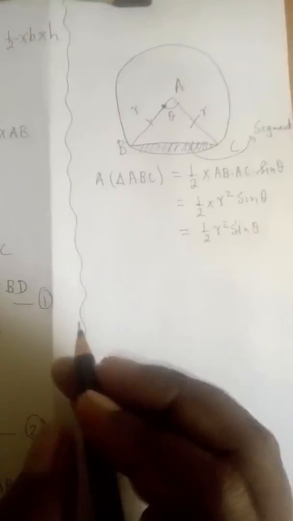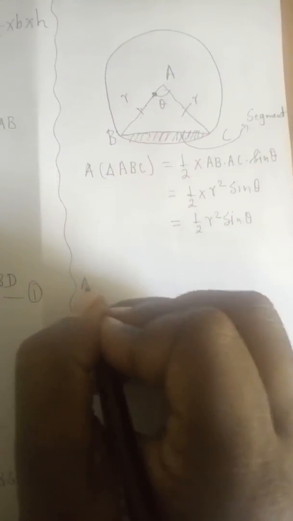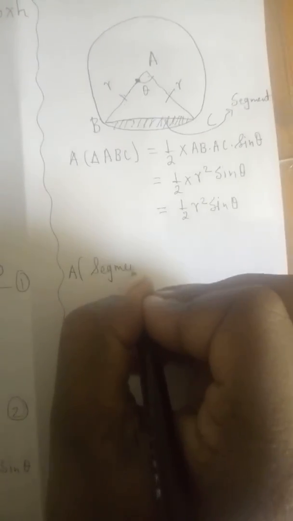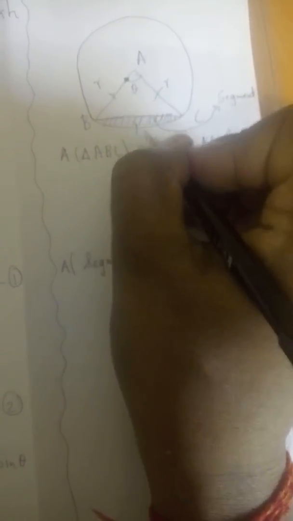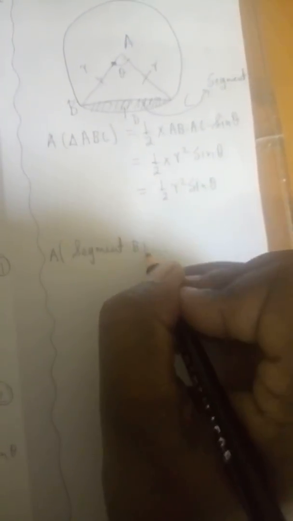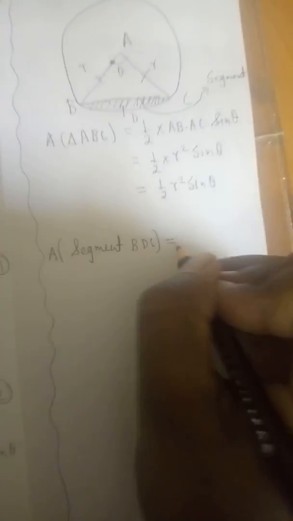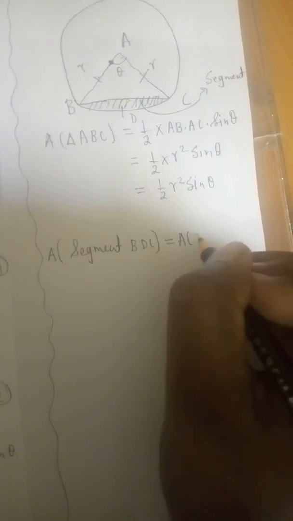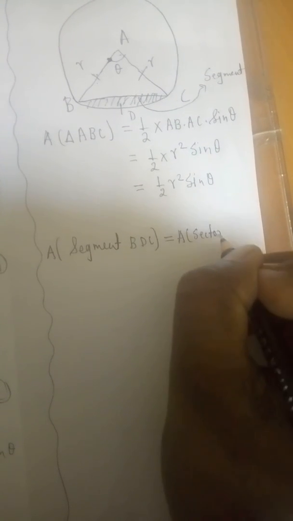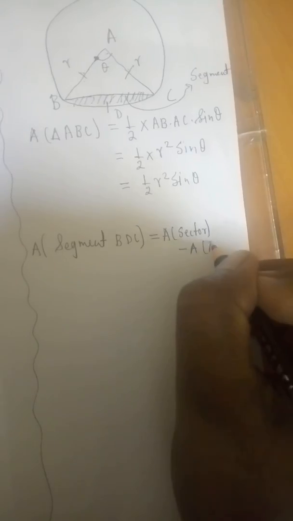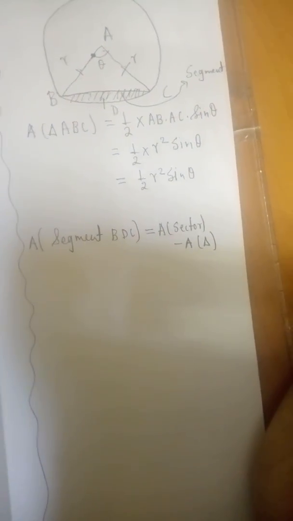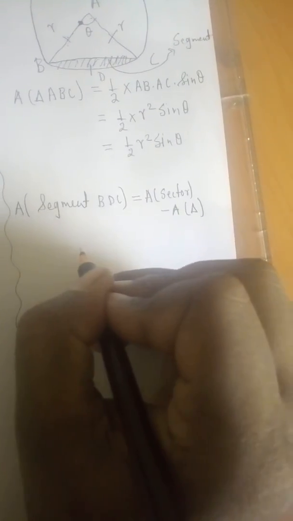So the general formula for area of segment BDC is area of sector minus area of triangle. I repeat, this is just the general formula. We are trying to derive the direct formula for area of segment.